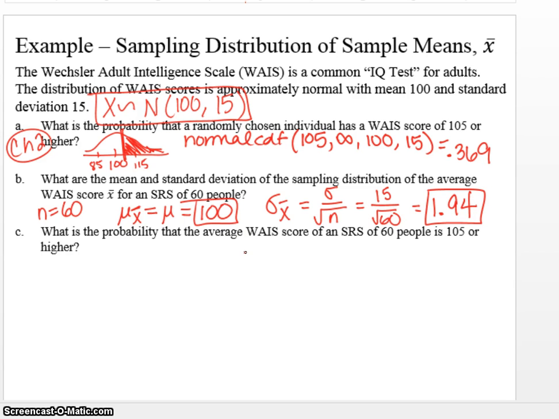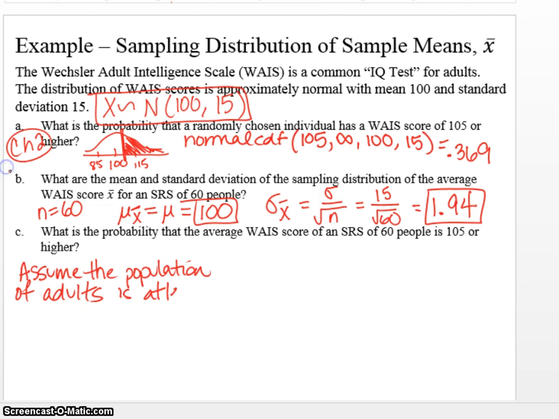So first, let's talk about why we can use our standard deviation formula. One thing we need to say here for the standard deviation formula is that we're going to assume the population of adults is at least 10 times 60, which is 600.